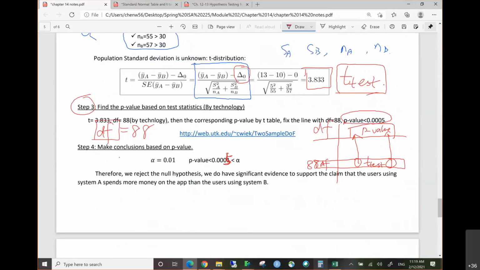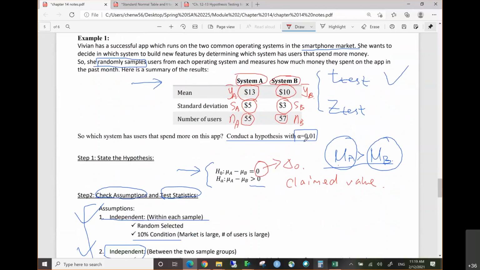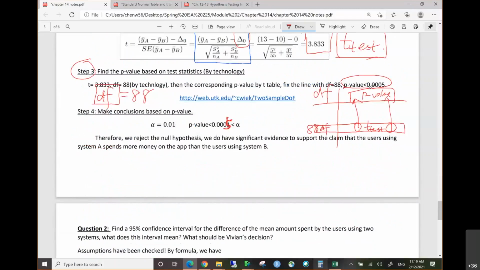Then the next step, make the conclusions based on the p-value and alpha. We want to make the hypothesis test with alpha equal to 0.01. Since your p-value is already less than 0.0005, of course it is less than alpha, less than 0.01. So what is our conclusion? We reject the null hypothesis. We do have enough evidence to support our claim.